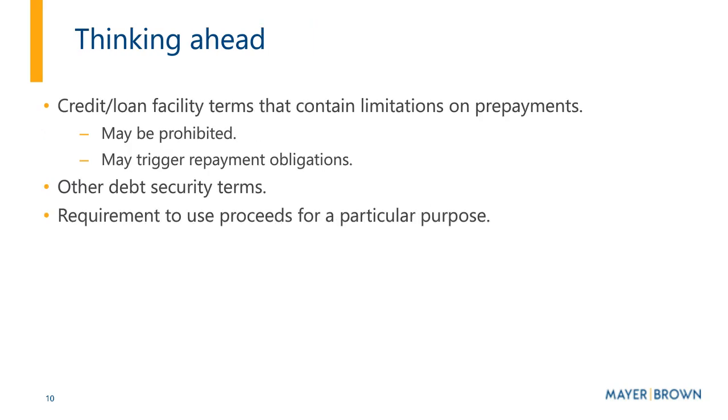In terms of thinking about and choosing among the alternatives that we're going to walk through today, it's important to be well informed about the company's credit facilities, because oftentimes these may contain limitations on prepayments and may require that if a company is going to take out certain debt, it pays down any drawn down portions of its facility.